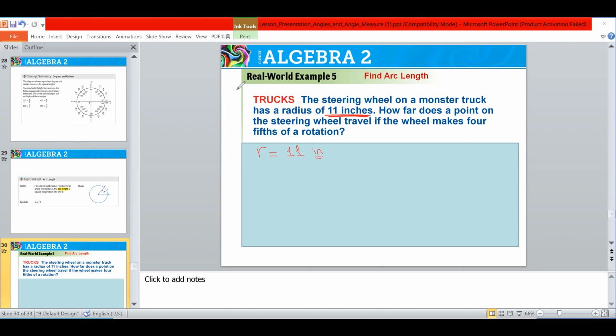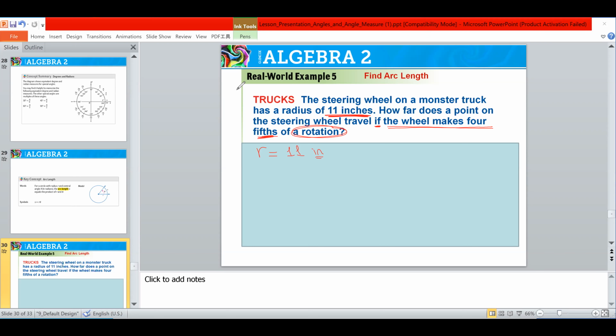I'm going to get the theta rad. From where do you get the theta rad? If you complete after the word if: the wheel makes 4/5 of the rotation.